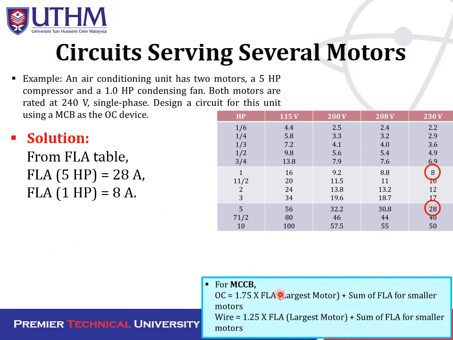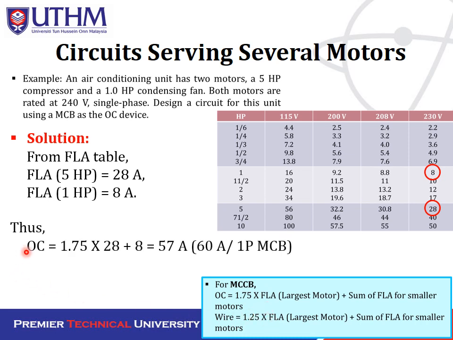Since we need to design an MCB, we use this kind of equation. The overcurrent device equals 1.75 times the FLA of the largest motor. Between 28 and 8, 28 ampere is the largest motor, so we multiply 28 by 1.75 plus the smaller motor, which is 8, so equal to 57 amp.